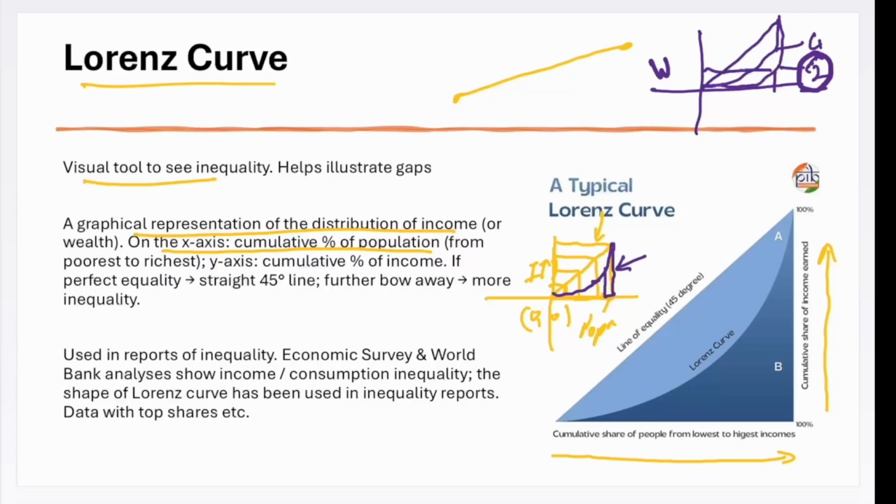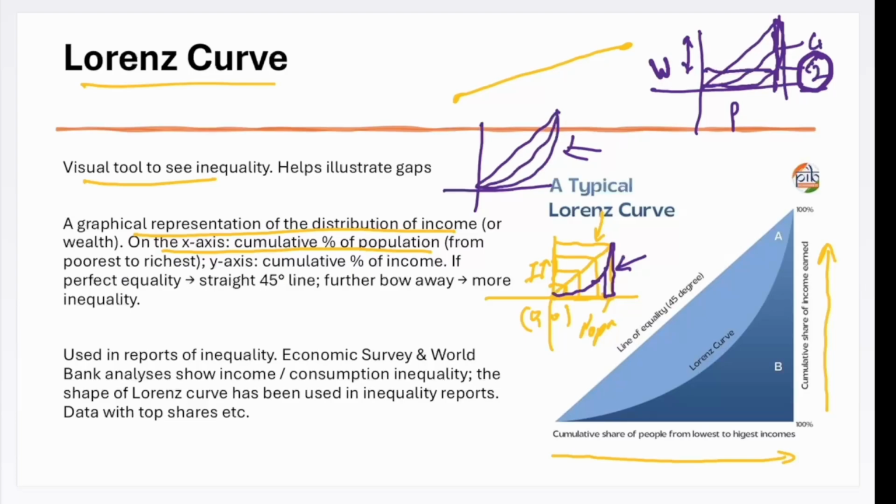So this is the wealth and this is the population. A large segment of population is holding very little wealth, and this very small segment is holding a big chunk of the income. That is why the more bend, the more curve, the higher is the inequality. The closer it is to this straight line, the lower is the inequality.